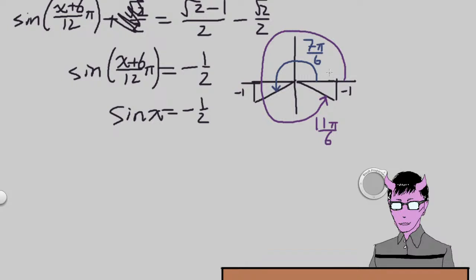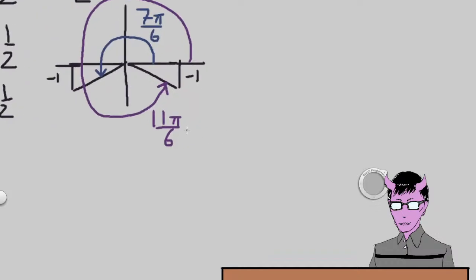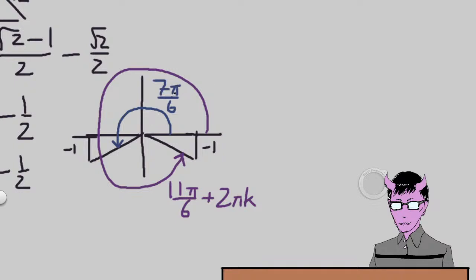So that's what we're dealing with. And then we would force this one to be equal to this one. But because there aren't any domain restrictions, we do need to put plus 2 pi k, where k is an integer. And the same is true for the other one, because we have infinite answers that are coterminal with this relevant reference triangle. So that one also gets plus 2 pi k.